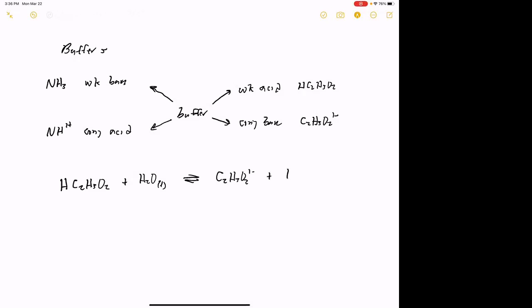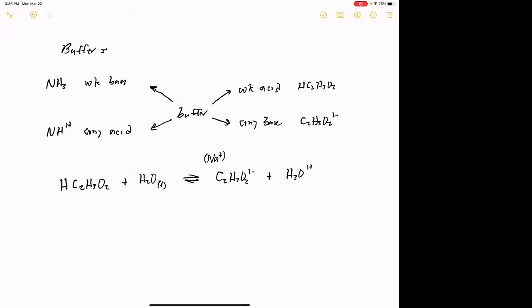And of course, we'll have hydronium ion in there. Okay, so that's a familiar equation to you guys at this point. Now, for a buffer to work, we have to have both of those species present. So like I said, we would probably introduce that as the sodium salt, because we can go to the stockroom and get that, right? We can get sodium acetate or potassium acetate out of a bottle, and we can dissolve it in solution to give us acetate ion when it dissociates.